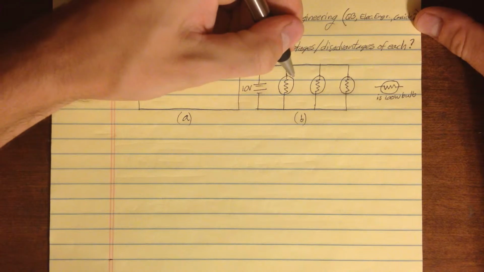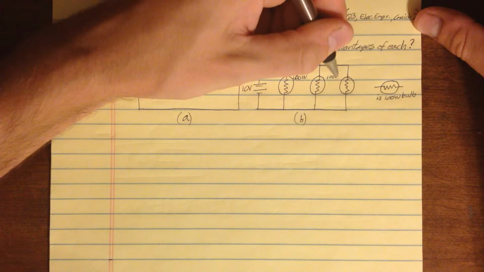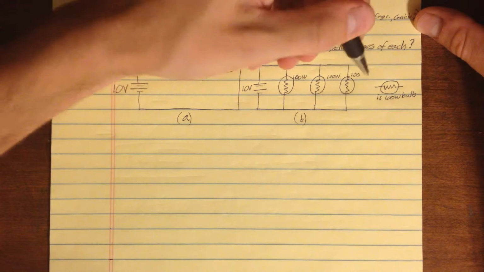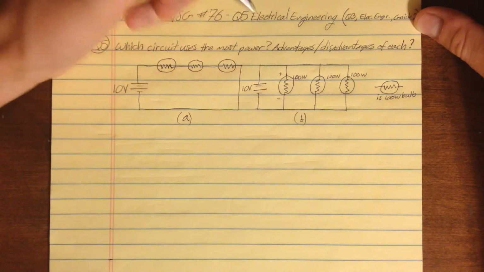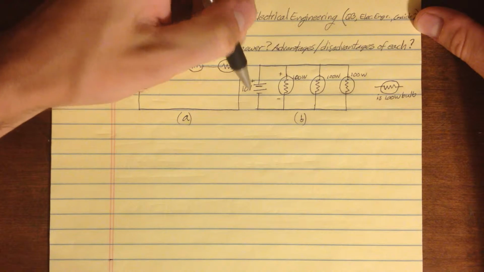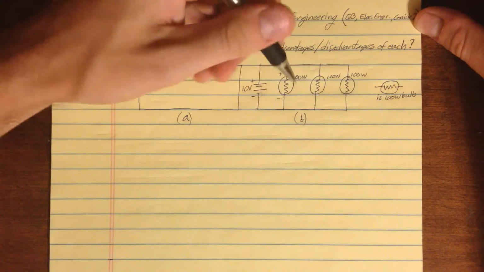So this is 100 watts, this is 100 watts, and this is 100 watts, and we know there's 10 volts across each bulb, because there's 10 DC volts, like a battery or something.